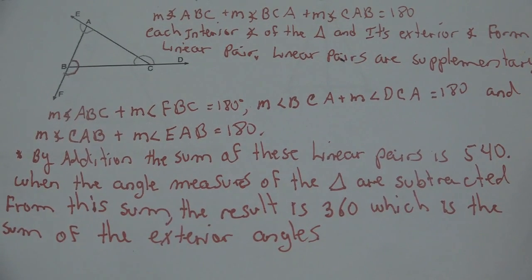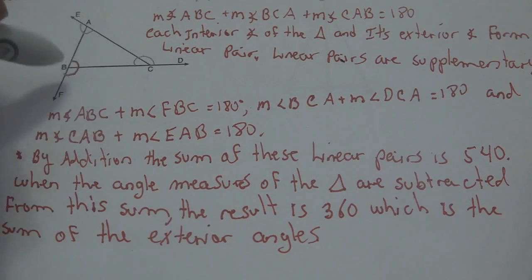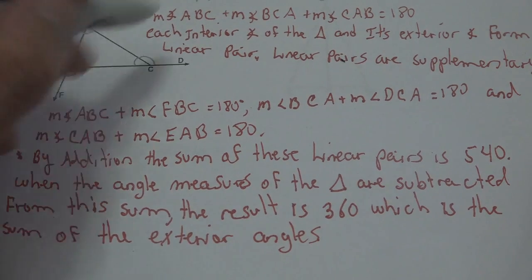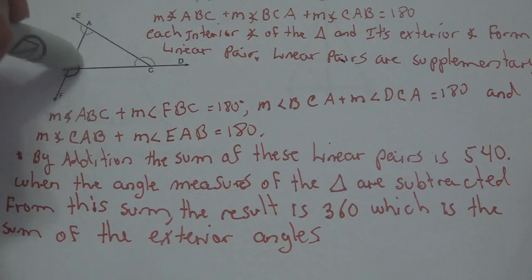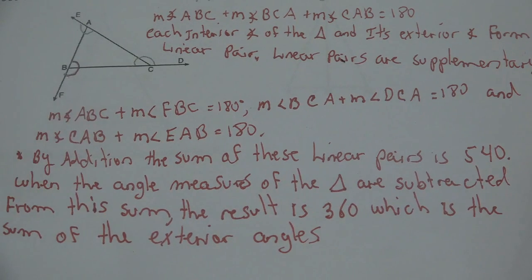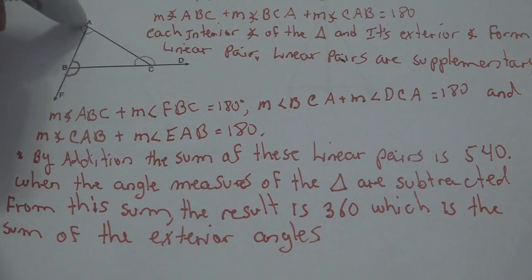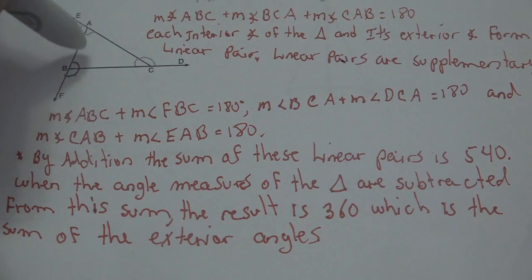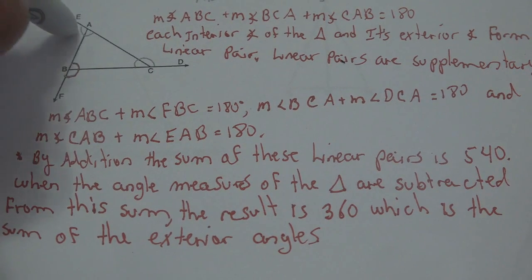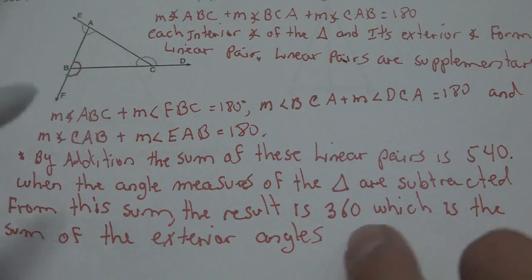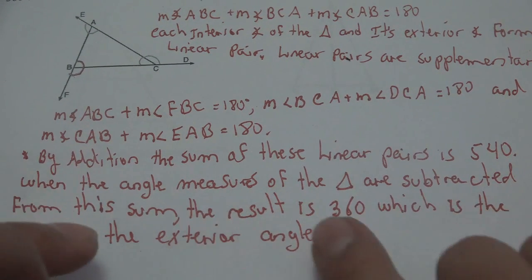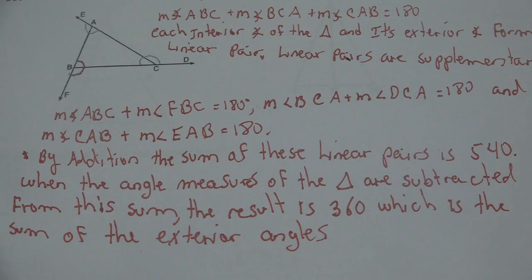So we have the triangle here. We know that the sum of all these angles is 540. Then when we subtract the 180 from the interior angles of the triangle, the result is 360. So if you have all the angles and you subtract the interior, you only end up with the exterior. And when you add up the exterior, you end up with 360 degrees, which is the sum of the exterior angles. That's it, right?